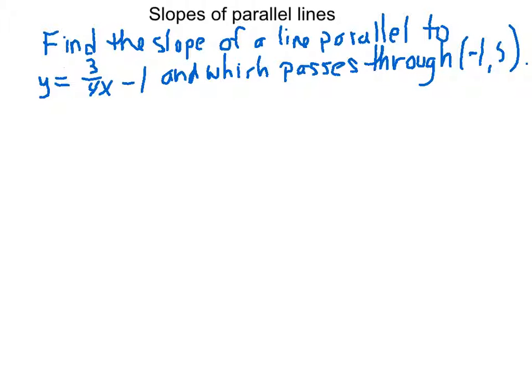Alright, so we have some line. We're trying to find the slope of a line. And they gave us way too much information here, which is fine. Find the slope of a line parallel to this line.